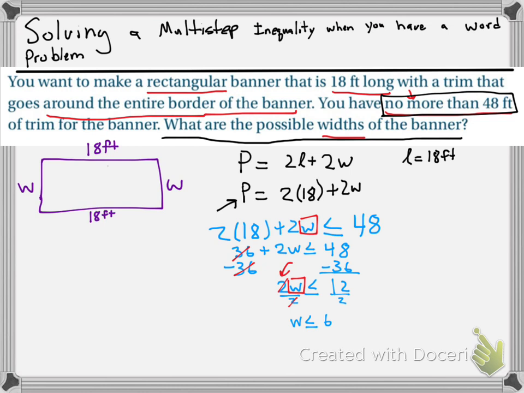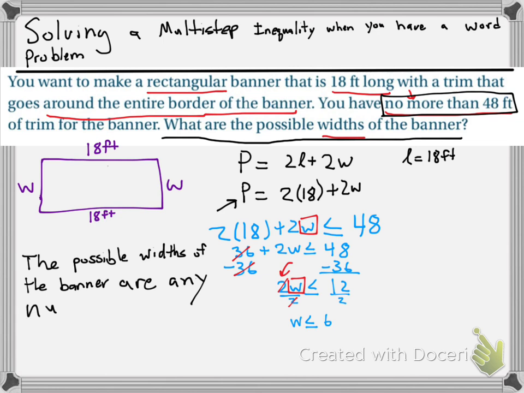So we would have: the possible widths of the banner are any number 6 or smaller.